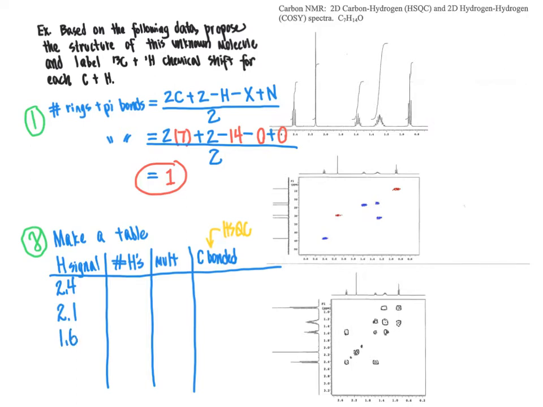We have another signal showing up here at about 1.3, which is the center of that. And then finally, our most upfield signal right here at about 0.9, because it's about halfway between 0.8 and 1. So I'll plug that in as 0.9.